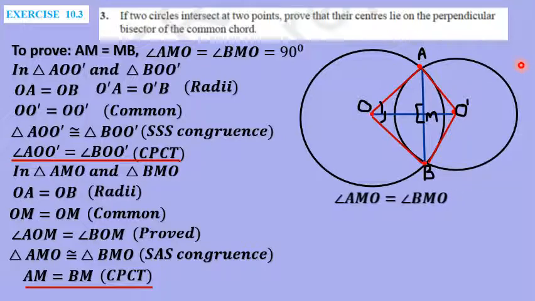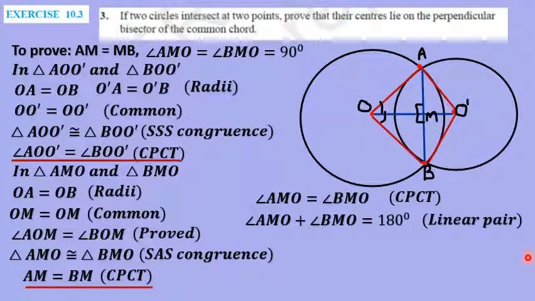Now we can also say that angle AMO equal to angle BMO, again corresponding parts of congruent triangles. But when you observe, angle AMO plus angle BMO is equal to 180. Why? Linear pair. But AMO is equal to BMO. So I can substitute AMO in place of BMO.